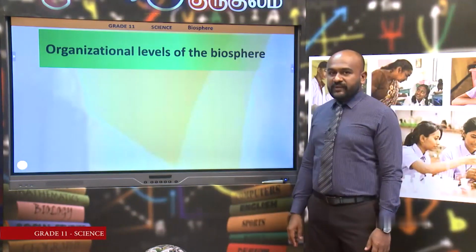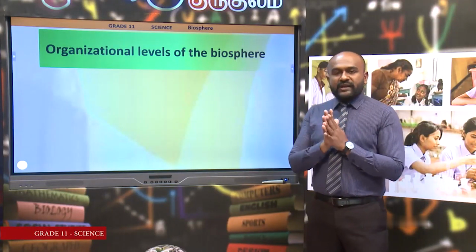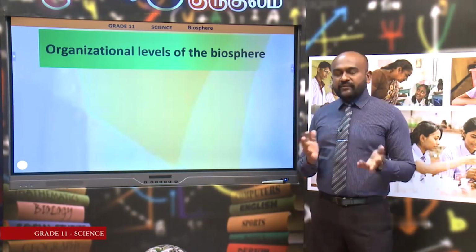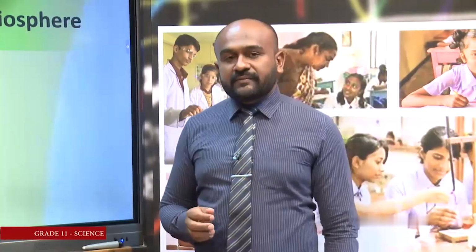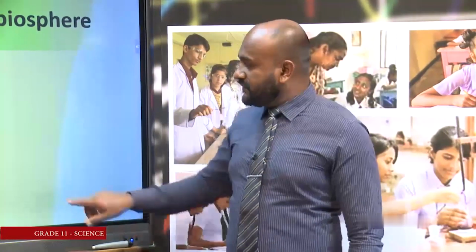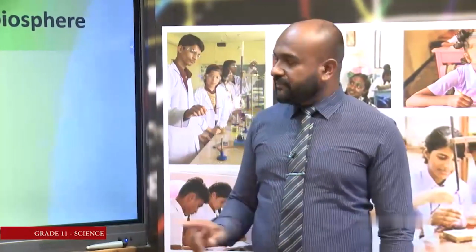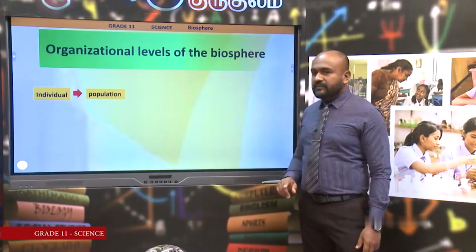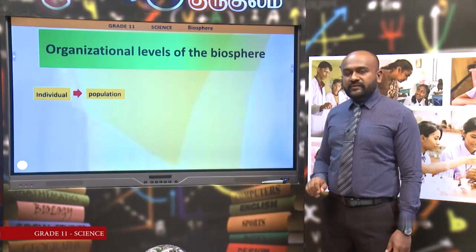Organizational levels of the biosphere. Can you remember the organization levels of the biosphere? Sometimes you must have already done this. So, try to remember the organization levels. Yeah, individual, and then what do you get? Population, and after population what do you get?